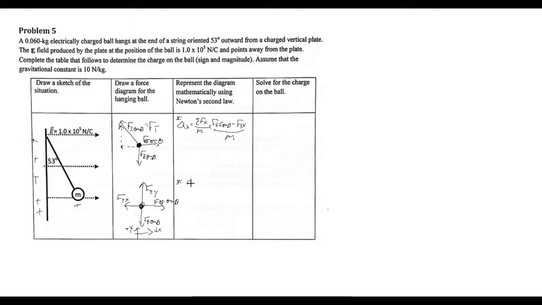And the acceleration in the Y direction is equal to the sum of the forces in the Y direction over the mass, which is going to be force tension Y minus force Earth on ball, over the mass. Sorry for the messy writing.